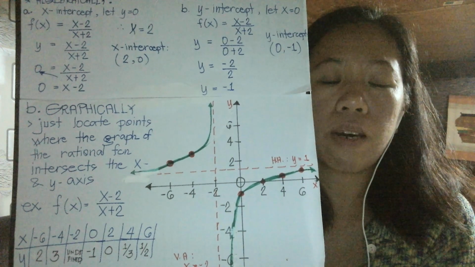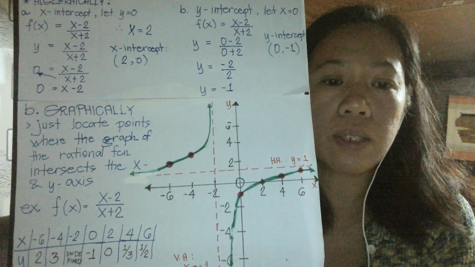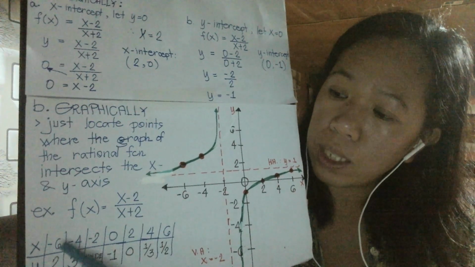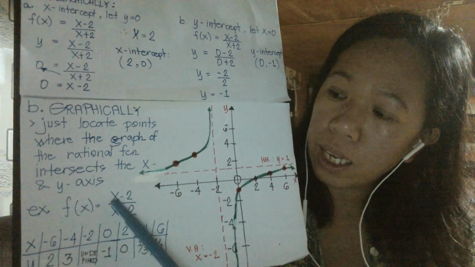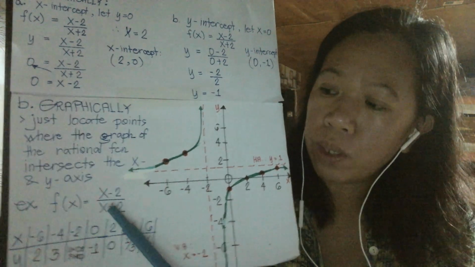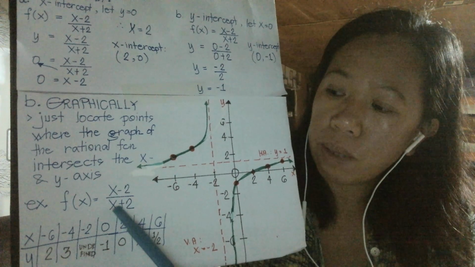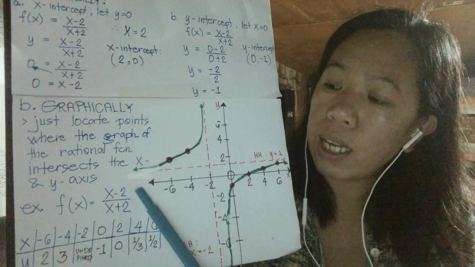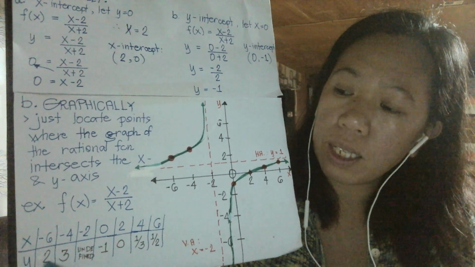Let's start. If x is negative 6, substitute it: negative 6 minus 2 gives you negative 8, over the denominator, negative 6 plus 2 gives you negative 4. Simplify negative 8 over negative 4, that gives you 2.